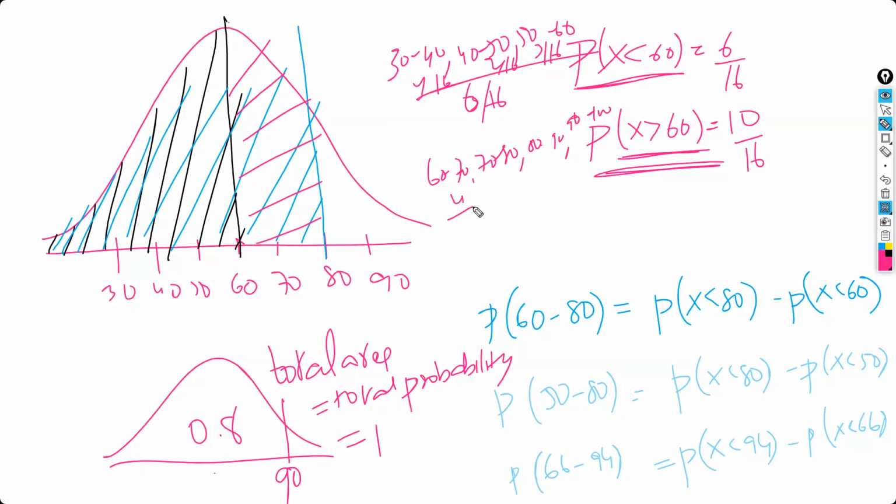That is 4 by 16, 3 by 16, 2 by 16, and 1 by 16. The value is 10 by 16, which is also 1 minus 6 by 16. Is that clear now? Yesterday's example, if you open it, you can get the answer clearly.